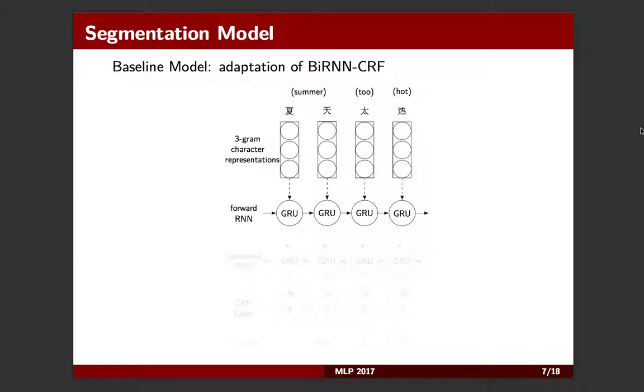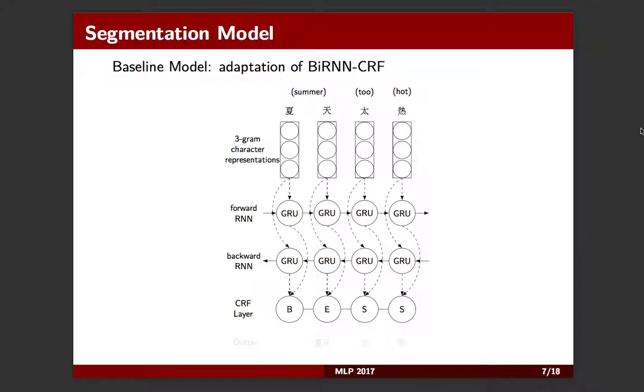So now we have the vector representations of the characters, and then we feed them into recurrent layers. We have a forward recurrent layer and a backward recurrent layer. We use the gated recurrent unit as the basic recurrent cell to capture long-term dependencies. So the output of the recurrent layers are fed into the CRF interface. And we apply dropouts to both the input vectors and also the outputs of the recurrent layers.